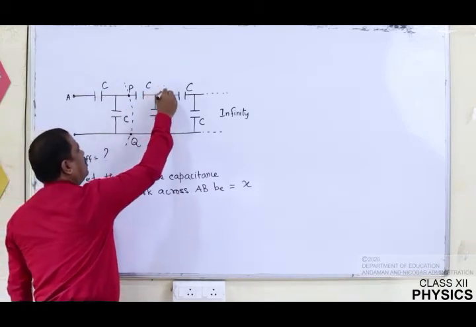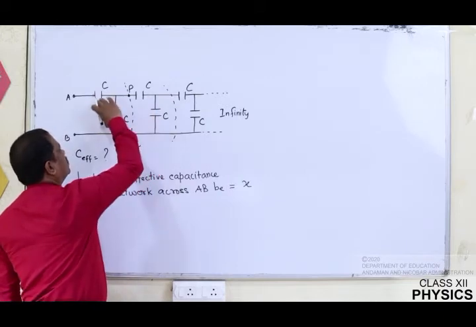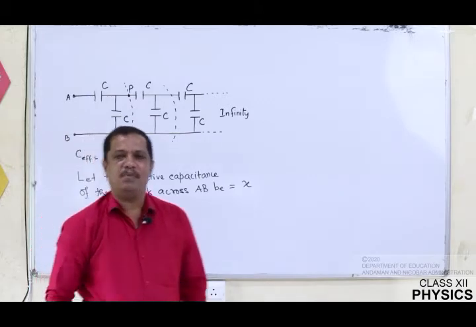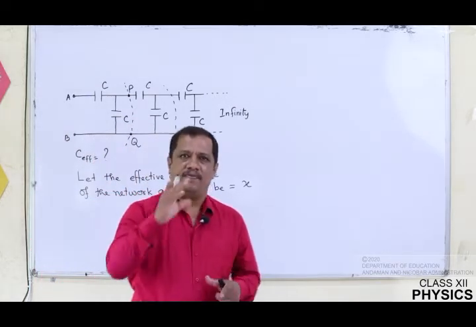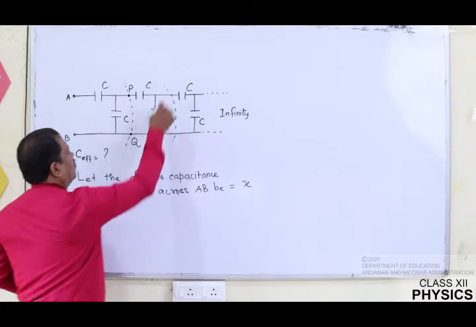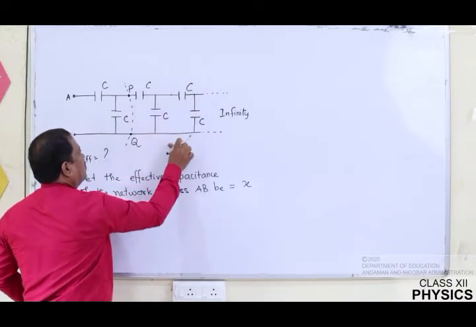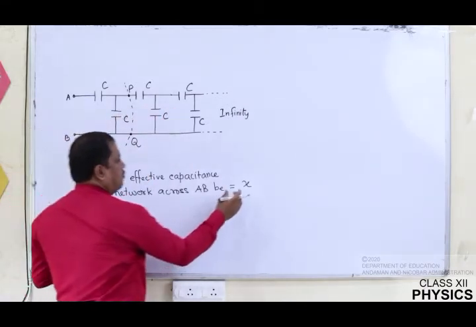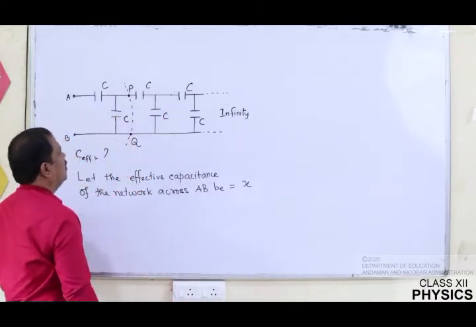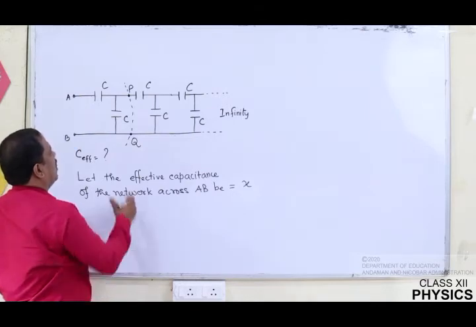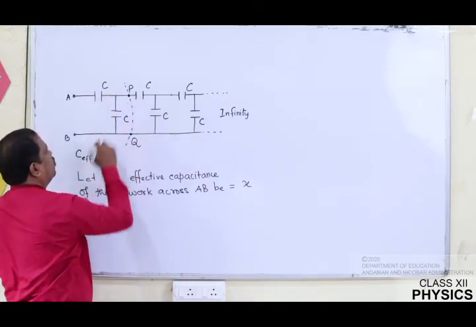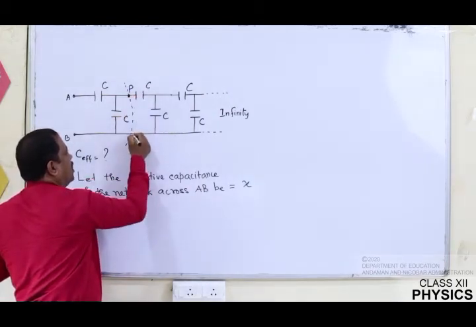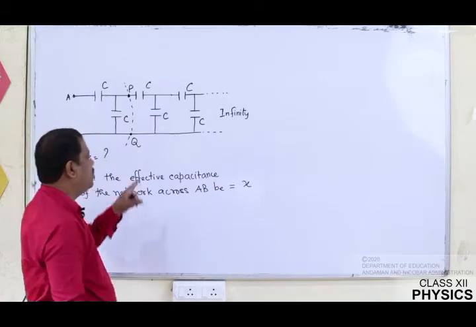Next, this is the second unit, the third unit, and so on. Now if the network of infinite units has effective capacitance X, and I leave out one unit, what will the effective capacitance across P and Q be? Will it be equal to X?